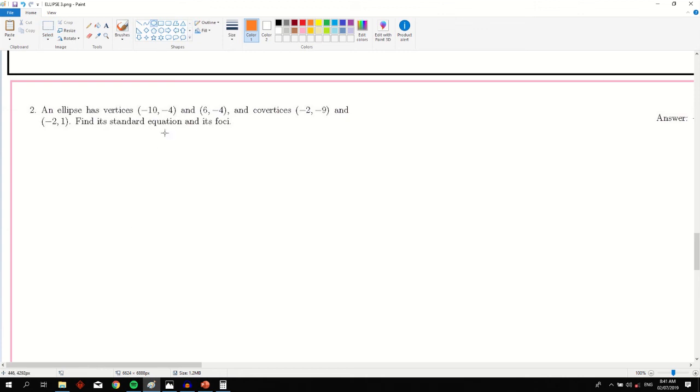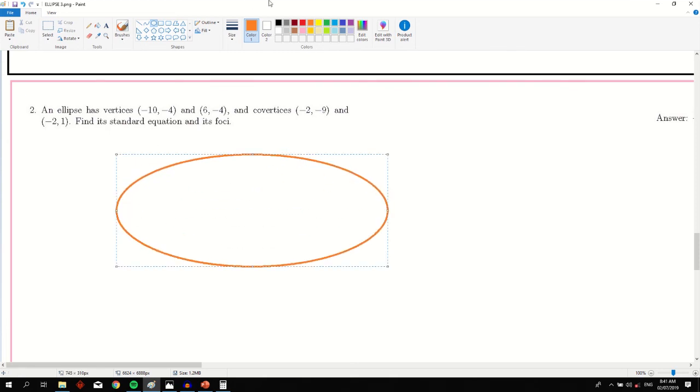So we need to plot that. As you can see, the y is not moving, so maybe it is an x major axis.